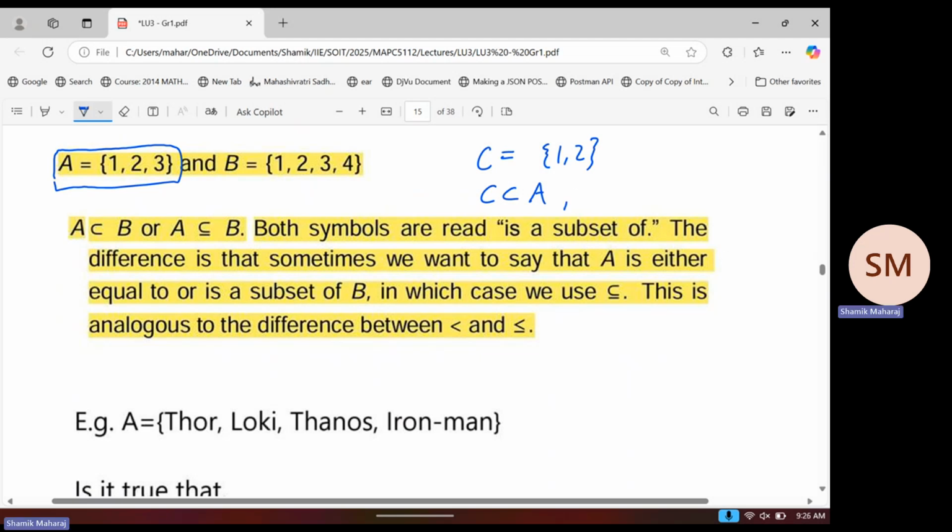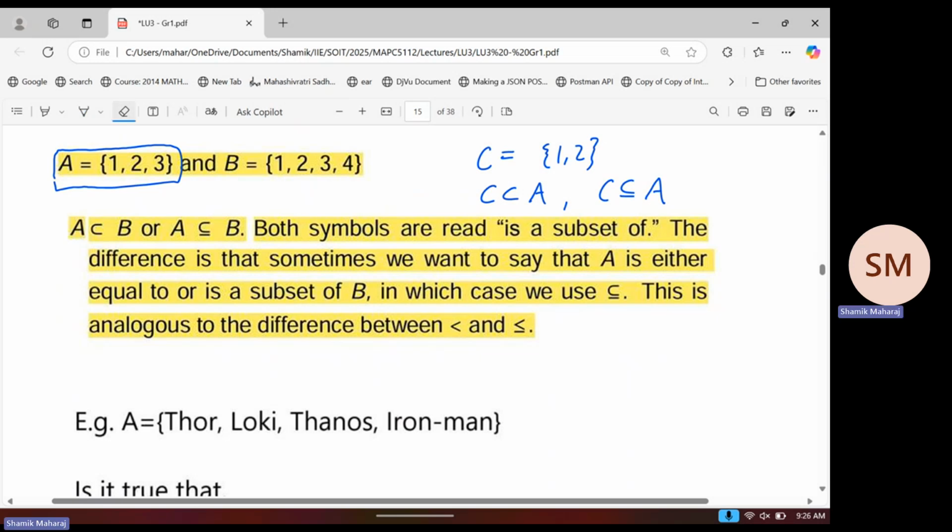Could I say C is a proper subset of A? Can't say that, right? Because that's like a less than or equal to kind of thing. Actually, I could say that. I could say C is a proper subset of A.